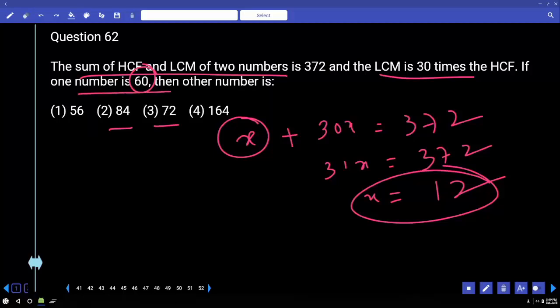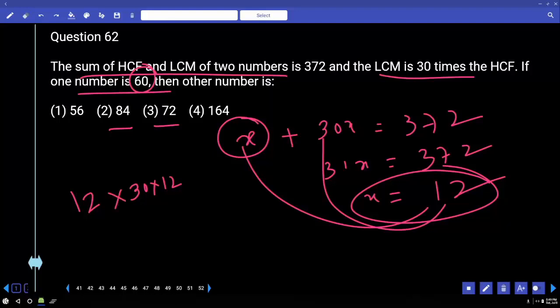Here one number is 60, HCF is 12, LCM is 30 into 12. The product of LCM and HCF must be equal to product of numbers, isn't it? Let us consider that as y.